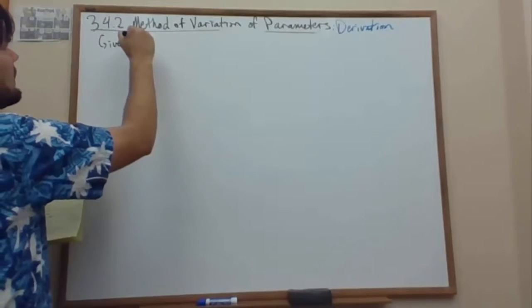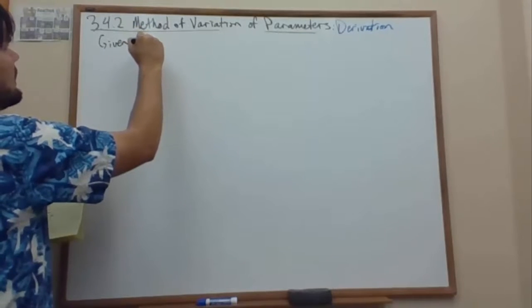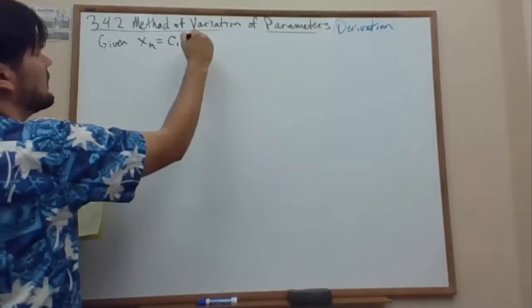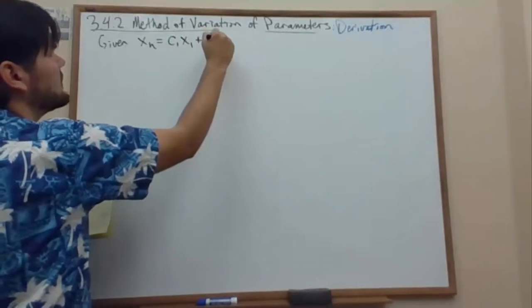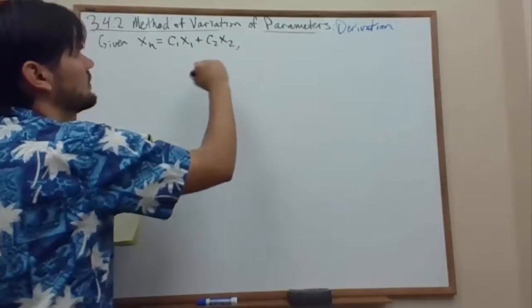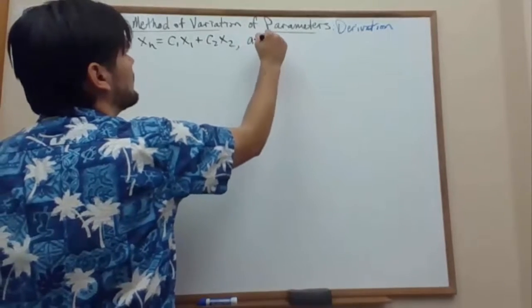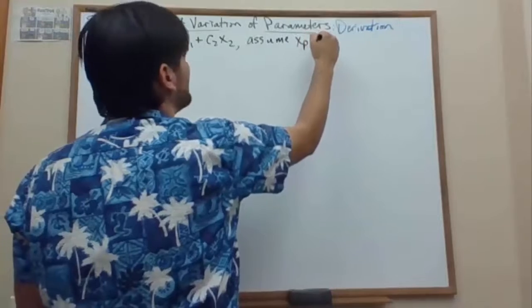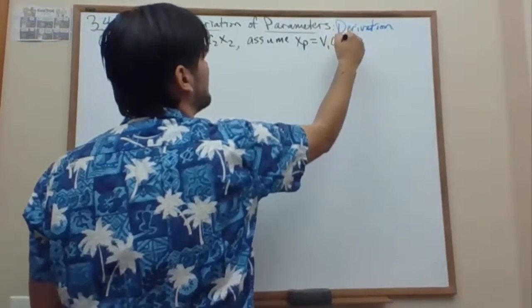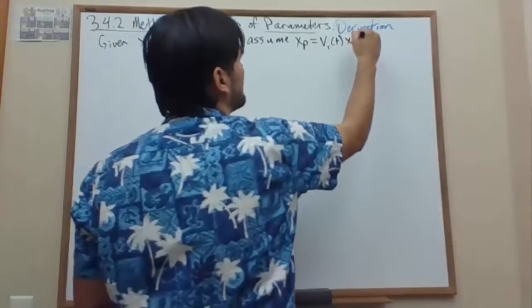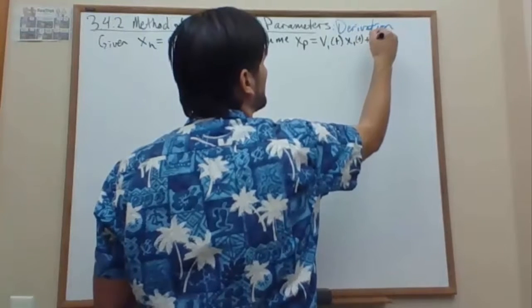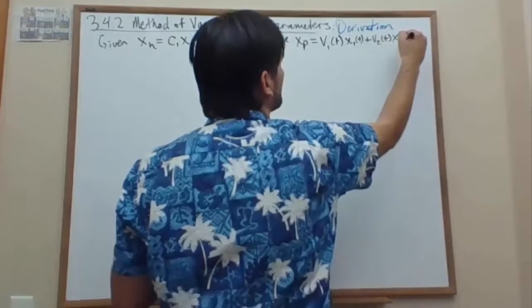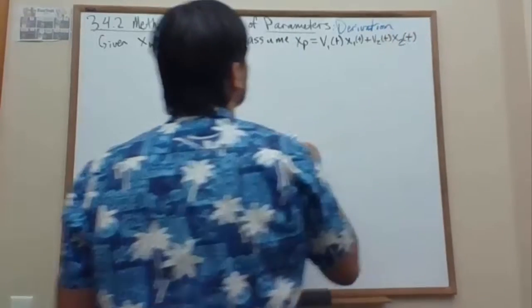So given x_h equals c1 x1 plus c2 x2, we assume that x_p equals v1 of t x1 of t, of course, plus v2 of t x2 of t.